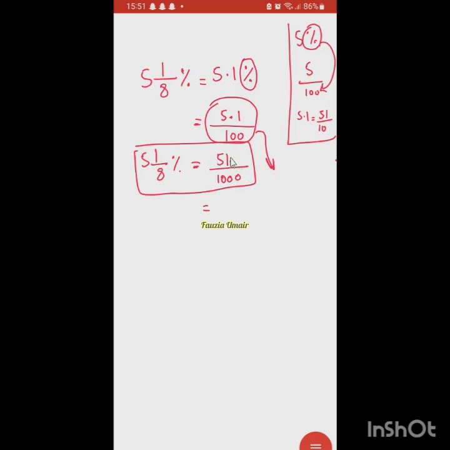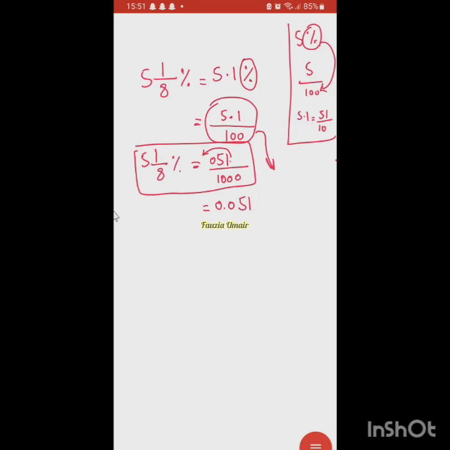The decimal has to go 3 steps backward, 3 digits backward, but there are 2 digits. So we can put an extra 0 so that this decimal can go 3 steps backward. So this will be 0.051. Is it clear? Yes. So 5 whole 1 by 8% is basically 51 by 1000 in fraction and 0.051 in decimal form.